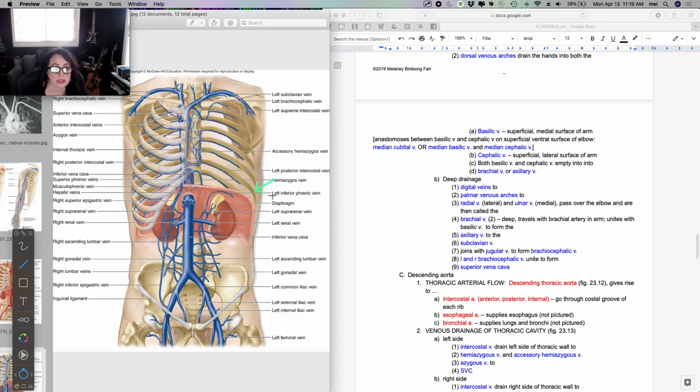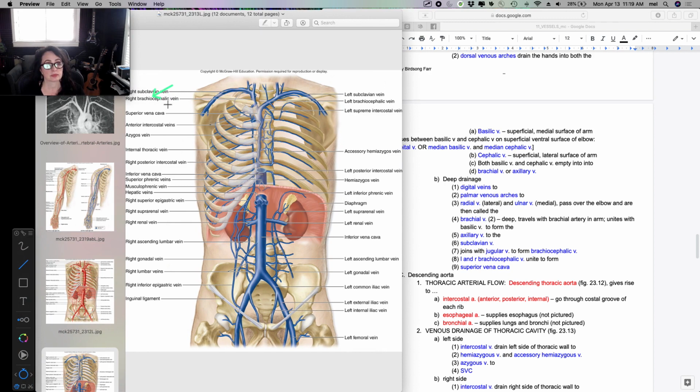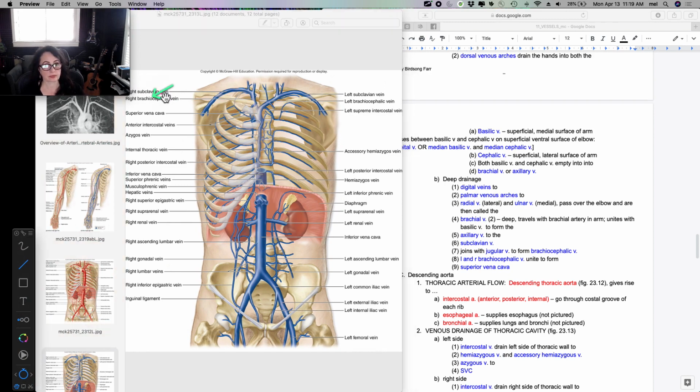Okay, so let's look here and make sure, oops. Okay, so I gathered everything up, okay, and then I went under the clavicle. As I go under the clavicle, I am a subclavian vein.